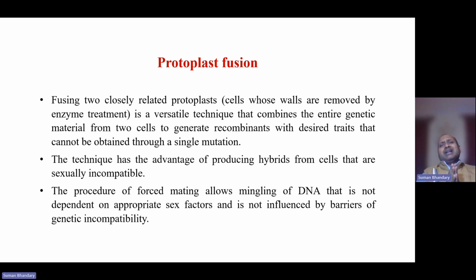Now, the protoplasts are then regenerated using osmotic stabilizers. One of the osmotic stabilizers used in protoplast fusion is sucrose. And if fusion occurs to form hybrids, desired recombinants are identified by means of selective plating techniques.